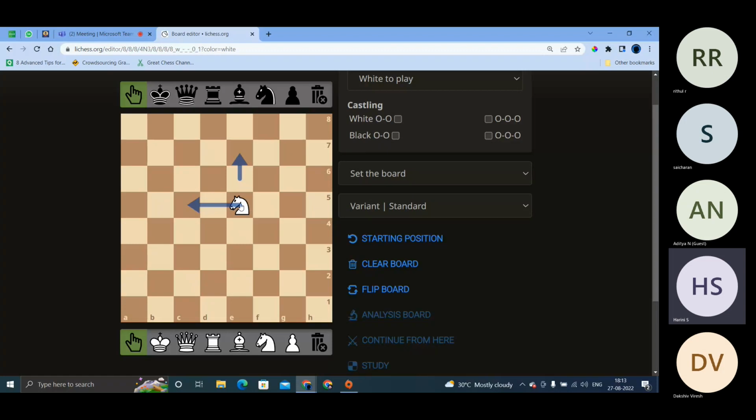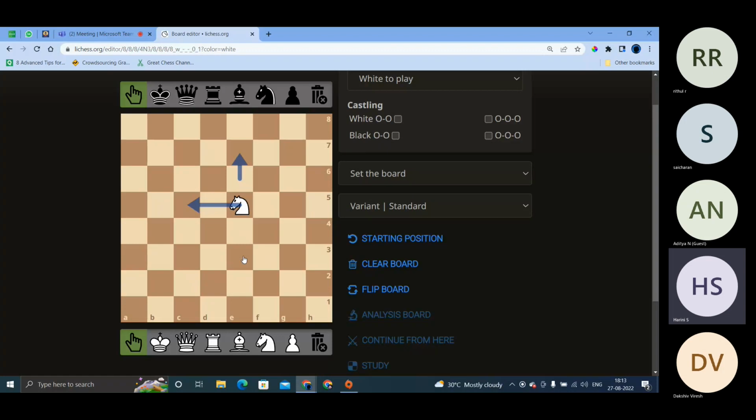You can tell. So now, where do you take the knight? The knight goes two steps and takes a turn. Which is the square? E3.